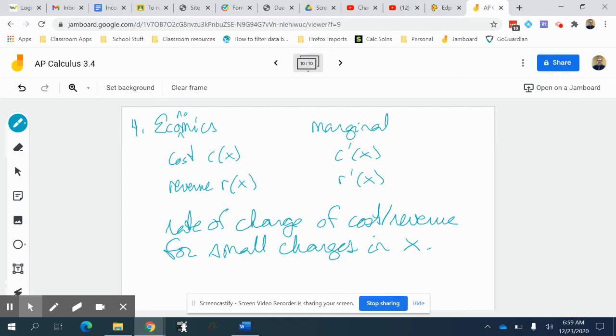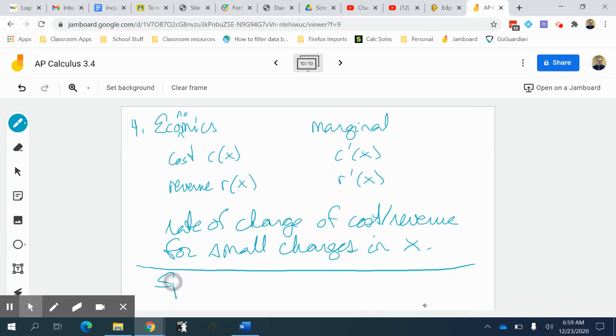Okay, guys, those are the four kinds of problems really that you should need to be able to do. They're all just versions of calculate the average and instantaneous rate of change. But the reason you need to know them is because there is specific vocabulary, and as in any field, every specialized field has its own vocabulary, and so it's useful to be familiar with the vocabulary.